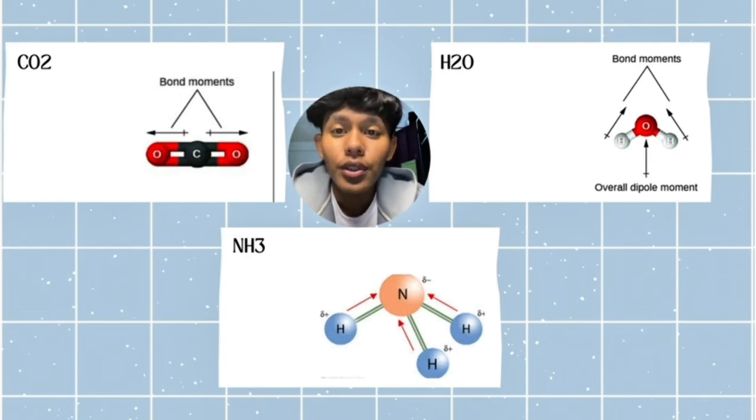In H2O, the molecule is bent, so the bond dipoles do not cancel, creating an overall dipole moment, making it polar. In NH3, the trigonal pyramidal shape also causes the bond dipoles to add up, resulting in a polar molecule. This shows how molecule shape affects polarity, not just bond polarity.